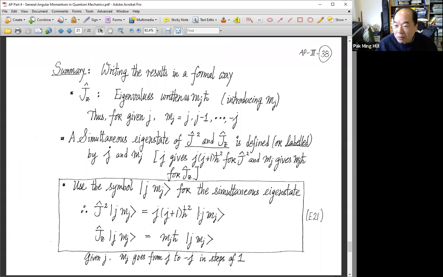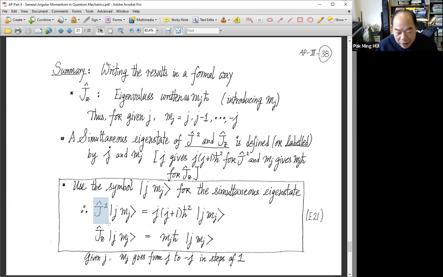So finally, some notation. In a rather abstract or direct way, we can label the eigenstate, simultaneous eigenstate of j squared, which carries the quantum number j, and the z component, which carries the m_j component in this abstract form. And our restrictions or conditions become the following.